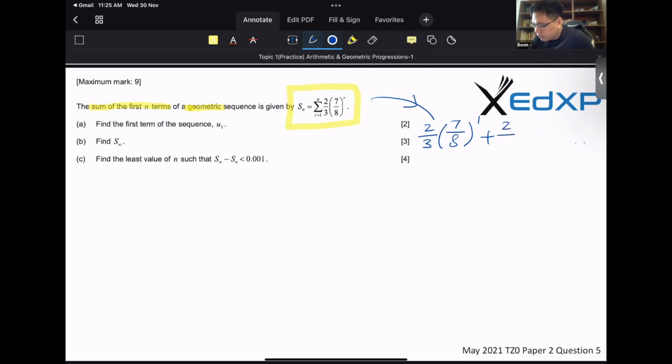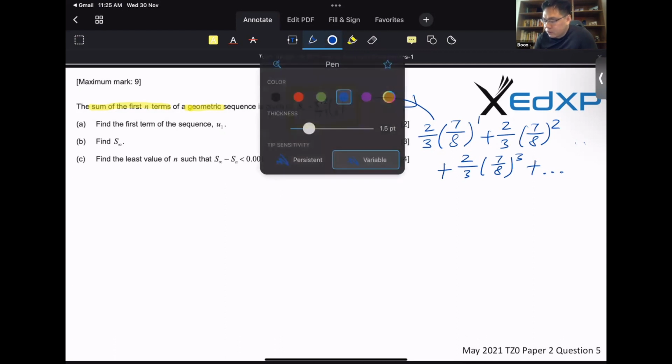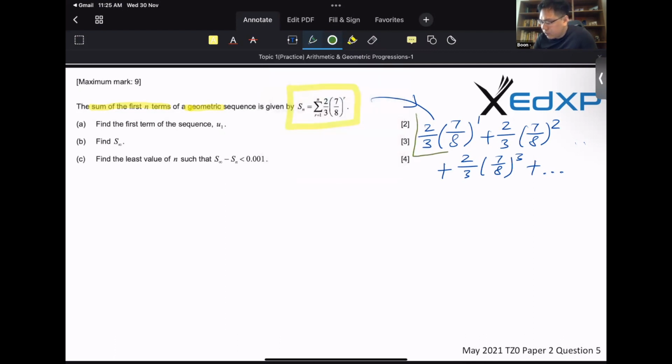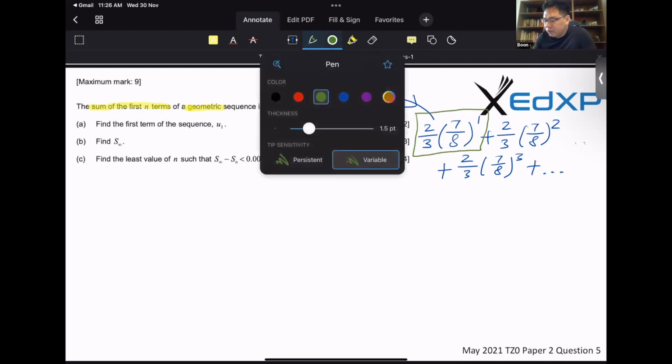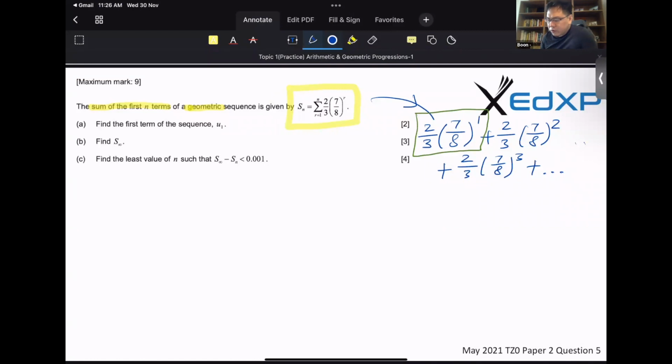The second term is 2/3 times (7/8) to the power 2. Okay, we can continue on, but we can see over here when I express it out like this, it is very clear that this is a geometric sequence with first term over here in green, and the common ratio is 7/8.